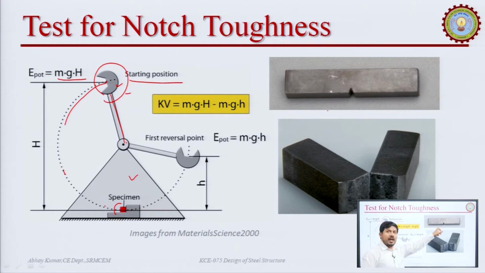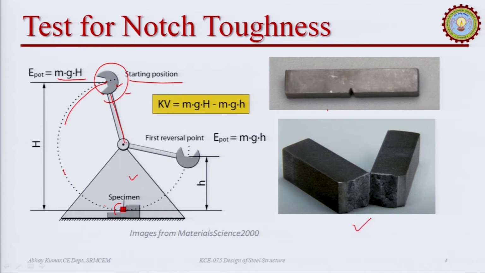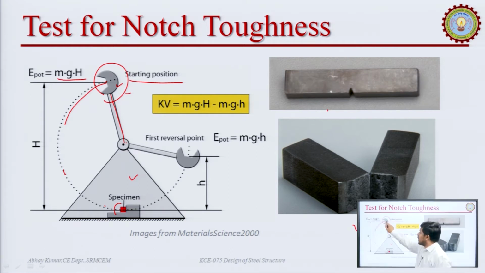In this figure I have shown how our specimen looks before the failure, and after the impact we see this kind of failure. The amount of energy that this specimen absorbs for the failure can be measured from here. This is the amount of potential energy our hammer had.